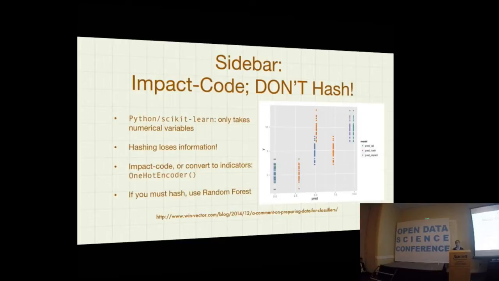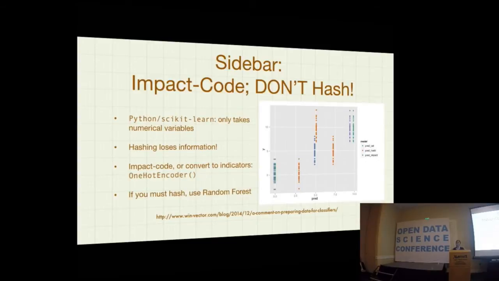So for example, if you were trying to code colors, red, blue, green, and you hash that to 1, 2, 3, it's going to make the colors red and blue look like they're closer to each other than red and green are, even though they're really not. That's not meaningful, because that's what the numbers are going to look like.